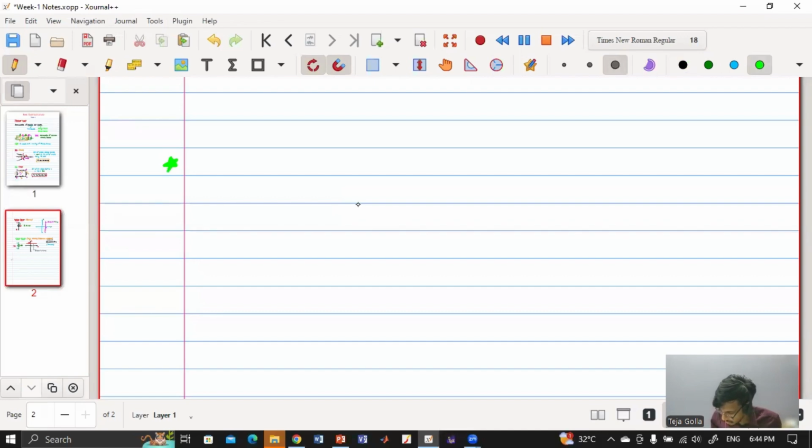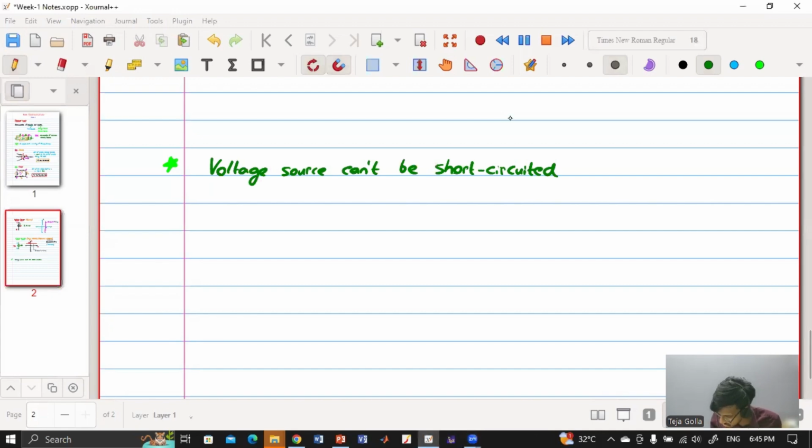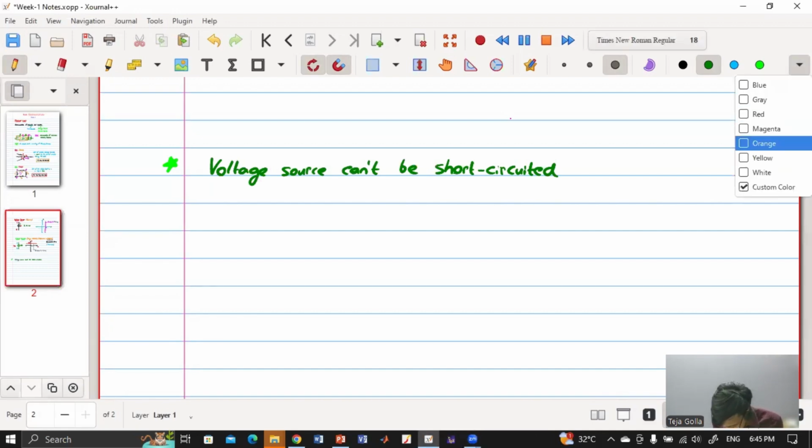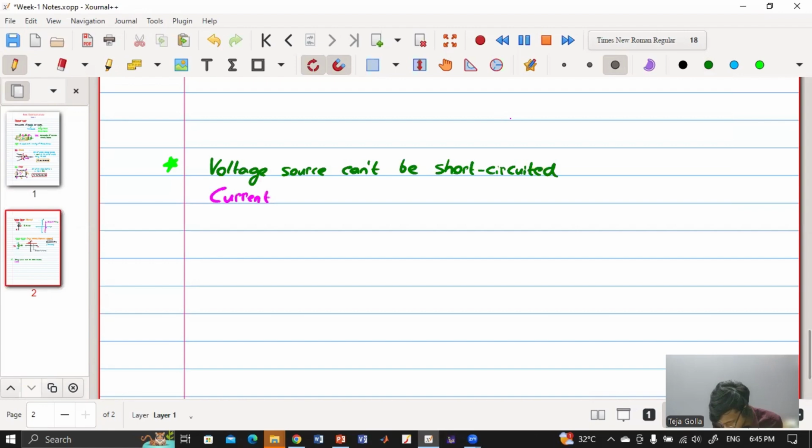A voltage source cannot be short circuited. And a current source cannot be open circuited.